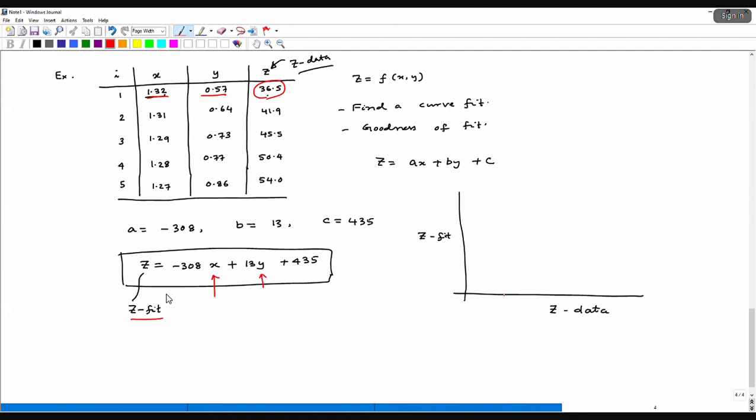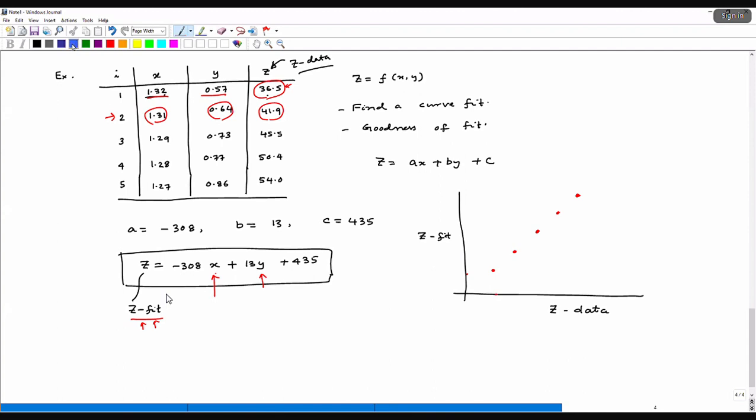Now I have the Z data and I have the Z fit. For a Z data and Z fit, I locate the point. Similarly, for the next data point, I have the Z data, and I will have the Z fit because I can substitute this X and this Y. So I have 5 data points.